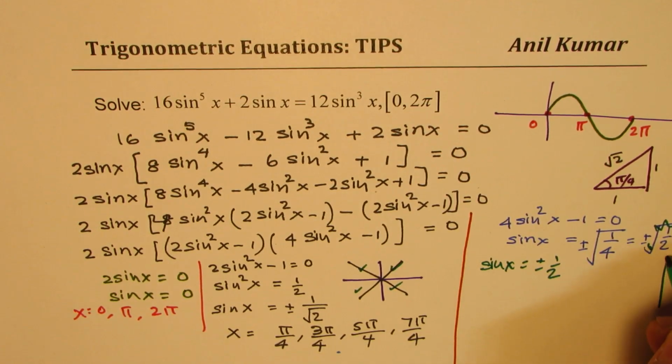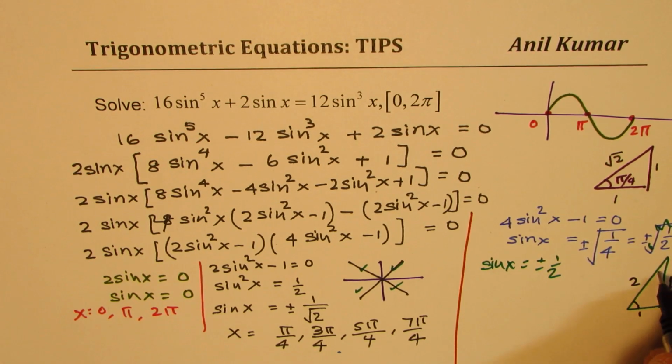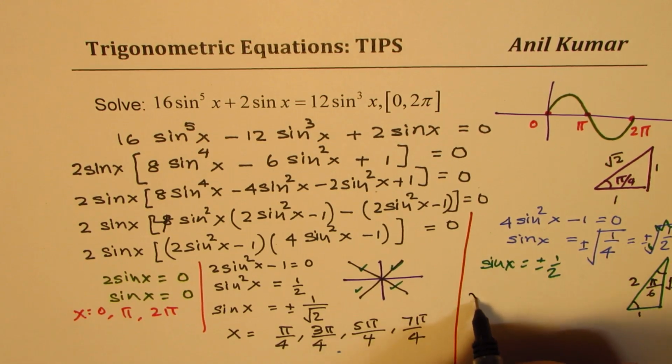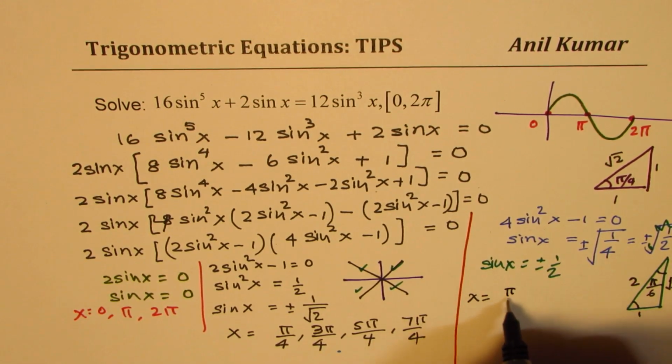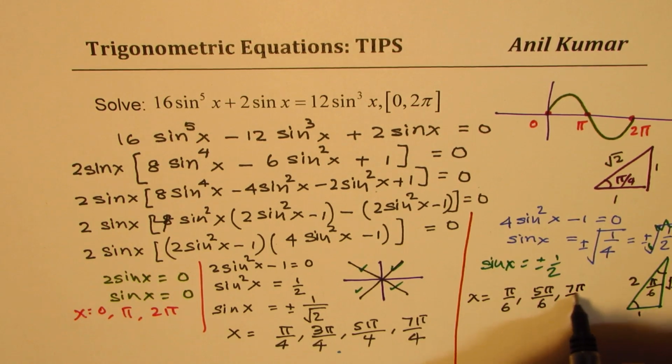So the triangle which we are looking for is 30, 60, 90. So these special triangles really help, so that you could straight away find solutions without using a calculator, right? Sine, that means we're looking for pi by 6 angle, correct? Again, plus minus. So that means 4 different solutions. So we get x equals pi by 6, and then we have 5 pi by 6, 7 pi by 6, and 11 pi by 6, correct?